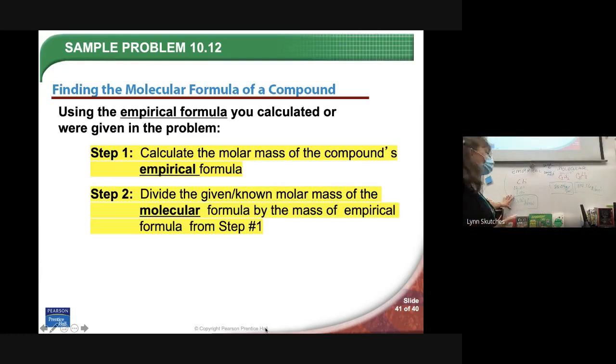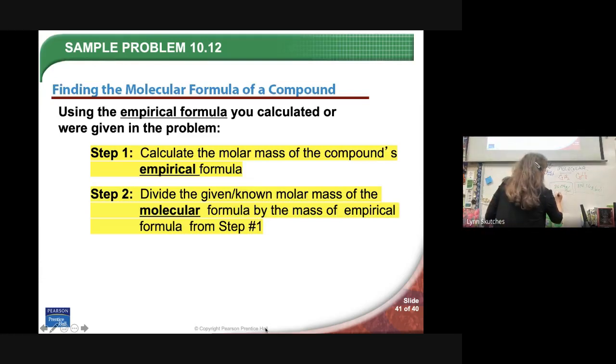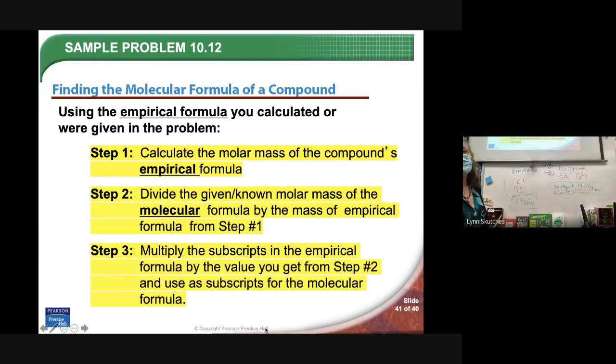You're going to compare that with what you found over here. So you divide the molar mass by the empirical mass, and that will give you the multiplier that you need to apply to the understood subscripts in your empirical formula.